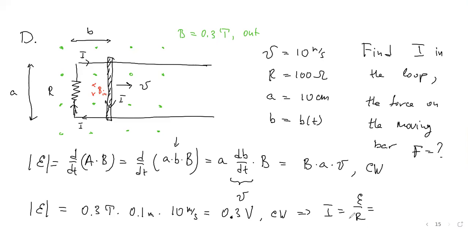So the value of the current, of course, depends on the properties of this loop. So we have 0.3 over 100 ohm. So I get 3 milliamp, clockwise. Nice, we answered the first question. The current will be 3 milliamp clockwise.